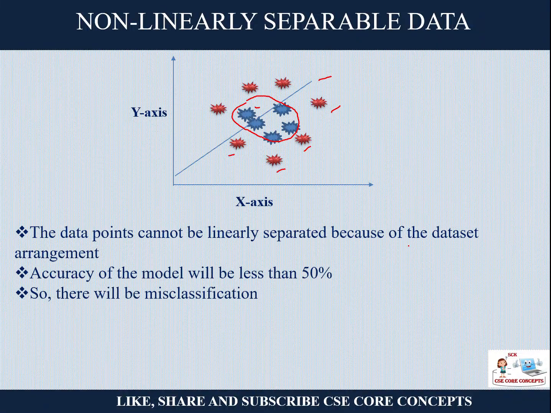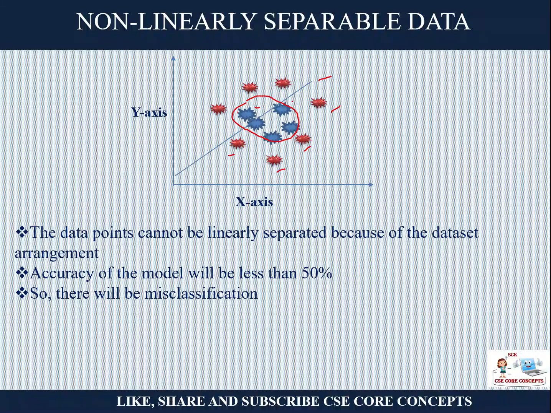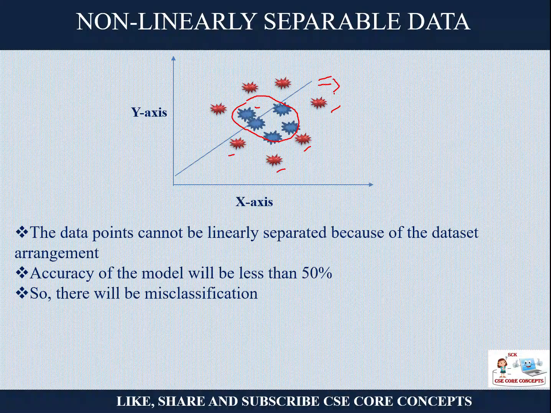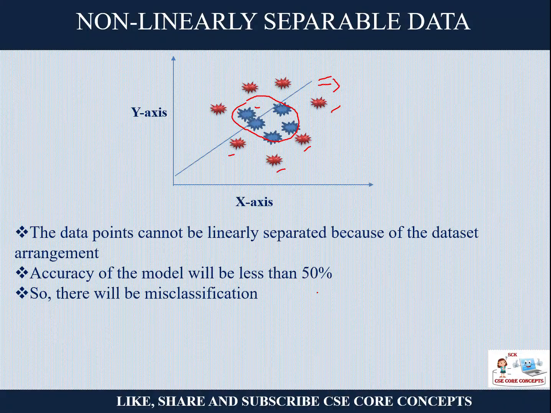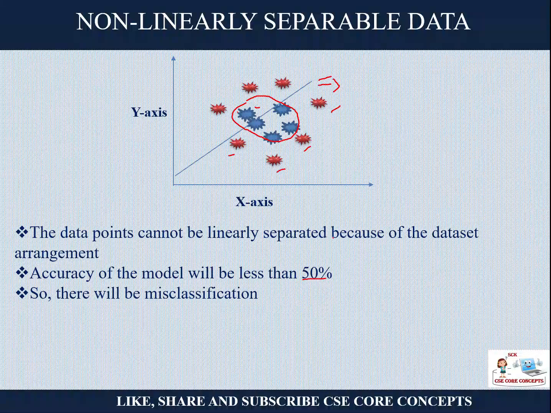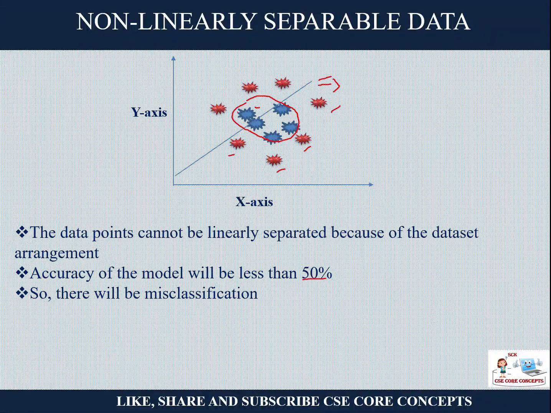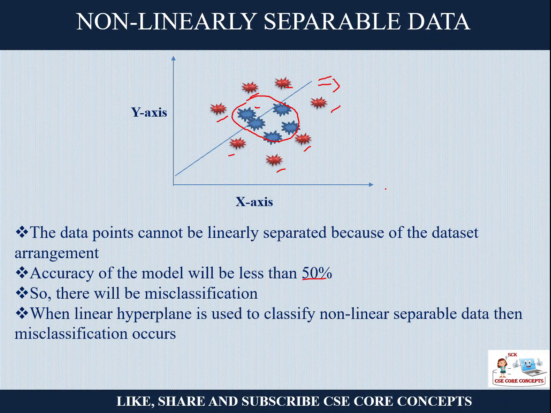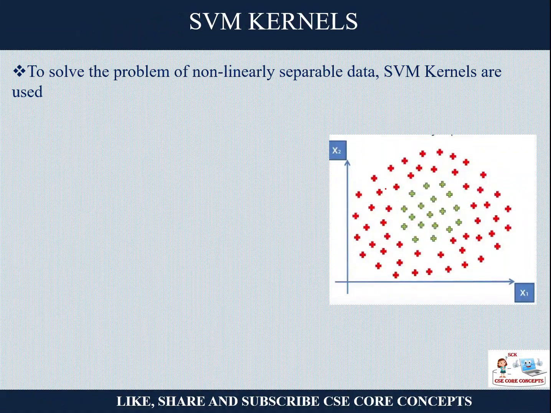So obviously in this case, if you draw a linear hyperplane, you will get accuracy of less than 50%, because many of the data points will be misclassified. So when a linear hyperplane is used to classify non-linearly separable data, you will get a higher rate of misclassification, hence reducing the accuracy.